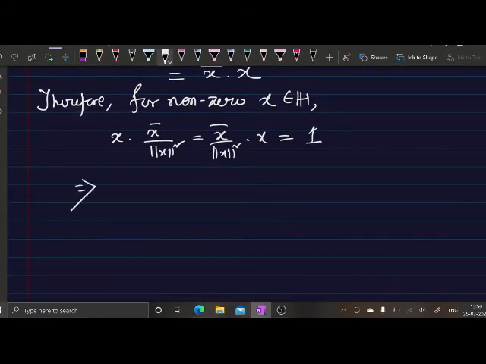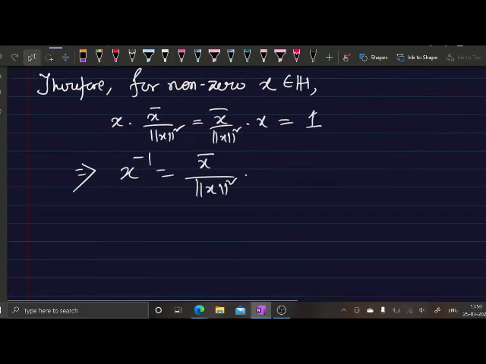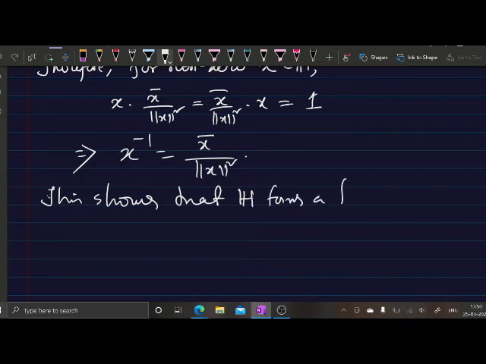So this defines the multiplicative inverse of x, that is, x inverse is x bar by norm x square for all non-zero x. So this shows that H forms a skew field.